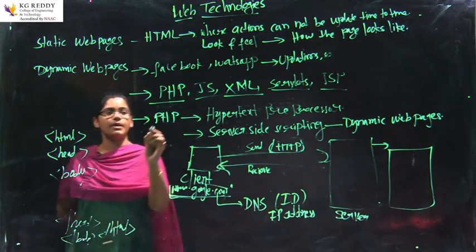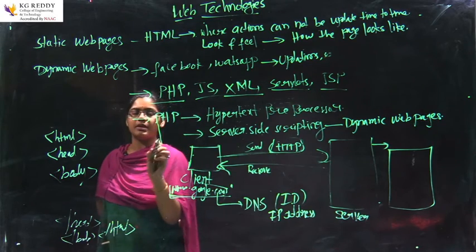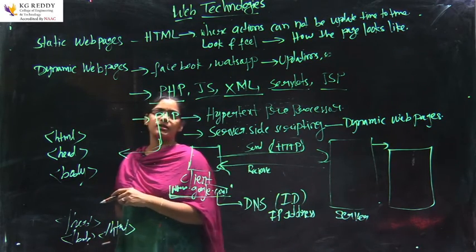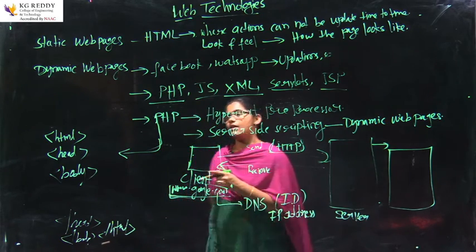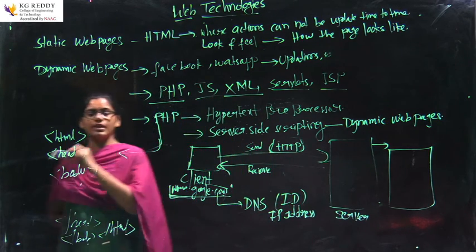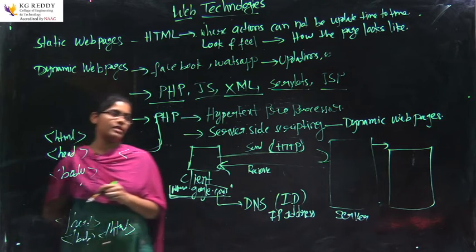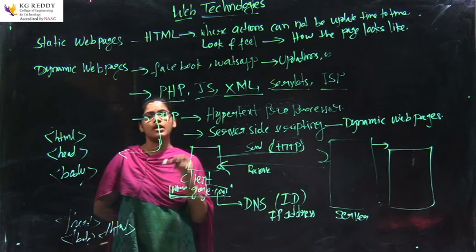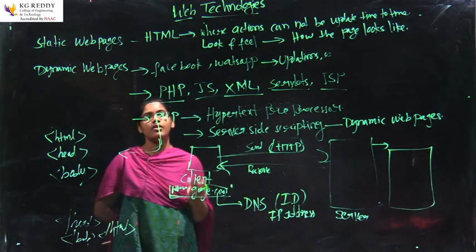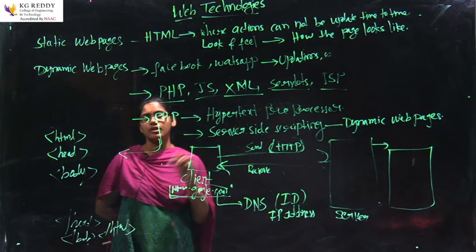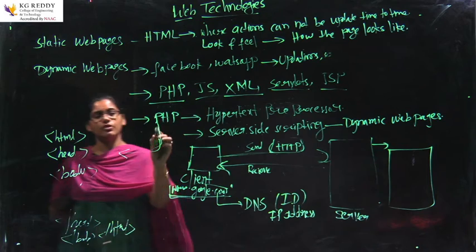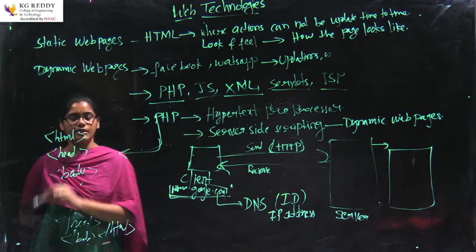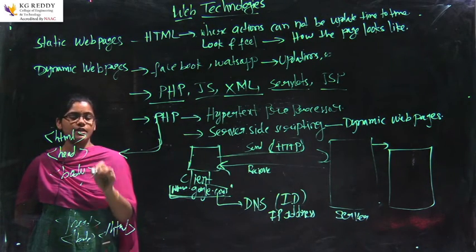Here I should embed our PHP. I already told you that scripting languages mean you can embed PHP into HTML. Whereas in programming languages you cannot embed C into Java, or Java into another programming language, that is not possible. But in scripting it is possible to embed PHP in HTML.